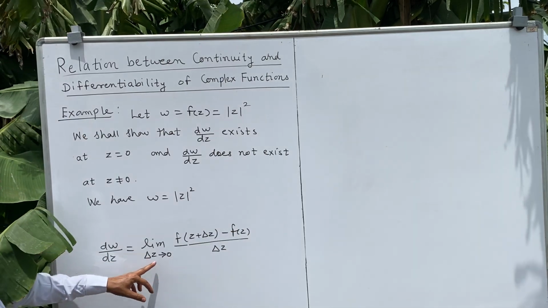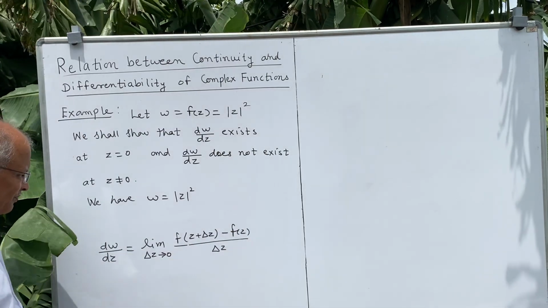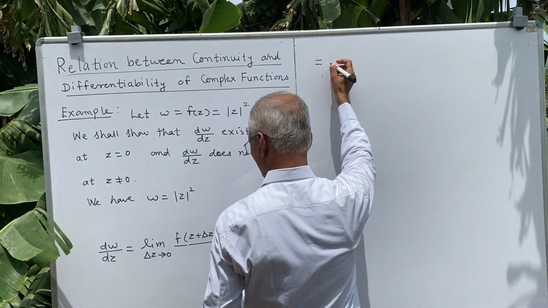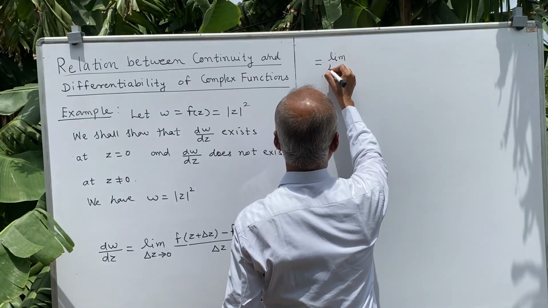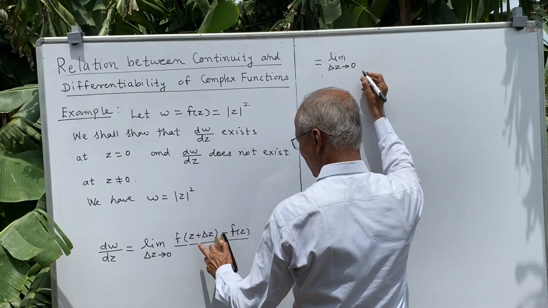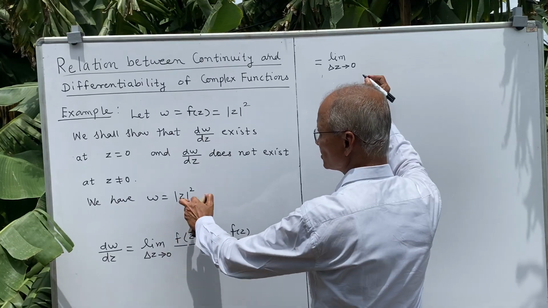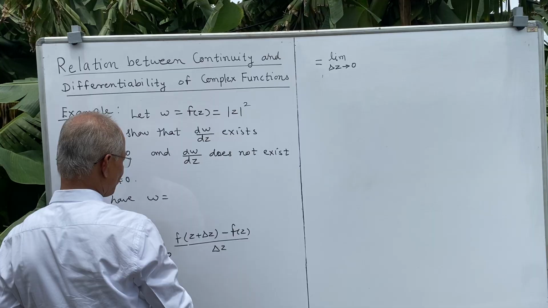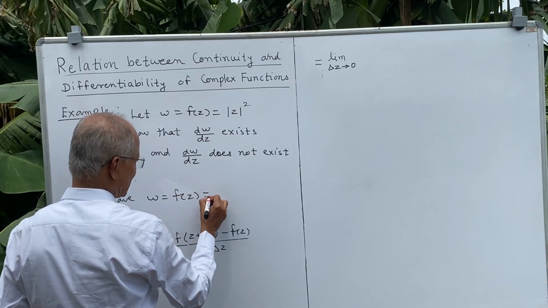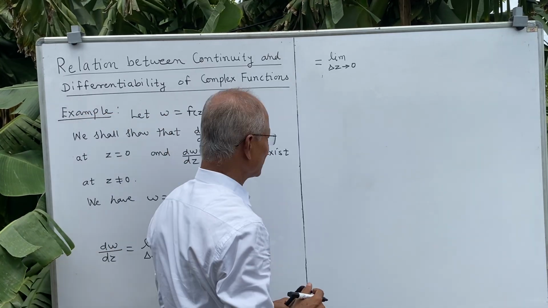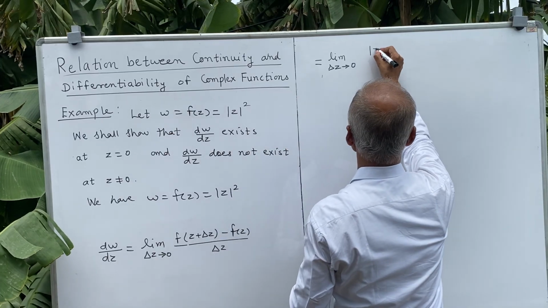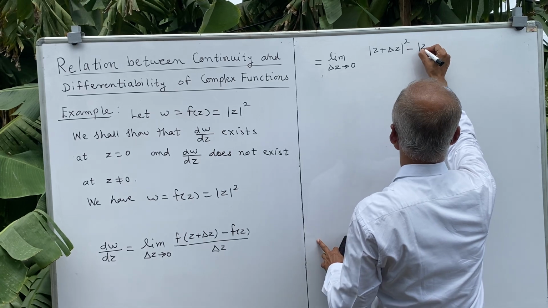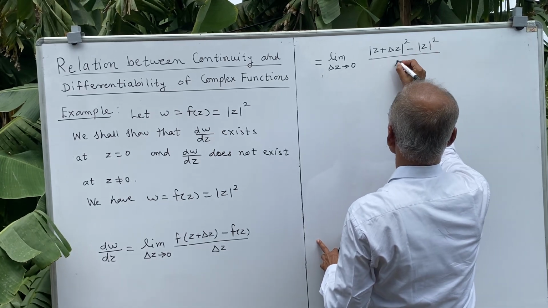Now, f of z is mod z whole square, and therefore dw by dz is the limit as delta z tends to 0 of mod of z plus delta z square minus mod z square divided by delta z.